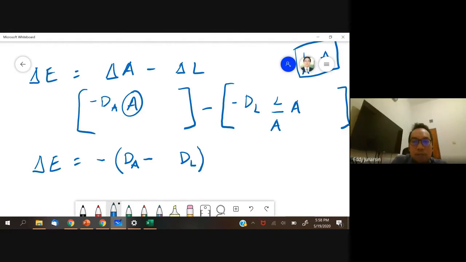And for the assets, this is easy. Duration of assets multiplied by assets, right? But what about liabilities? For liabilities, we have this one, but we need this, right?